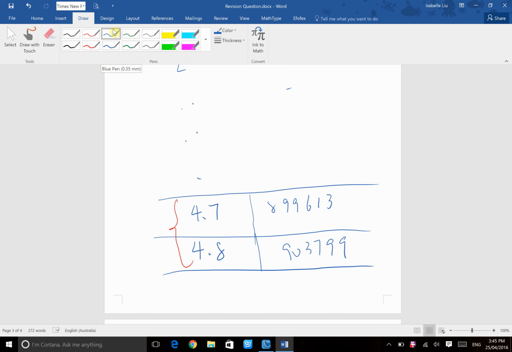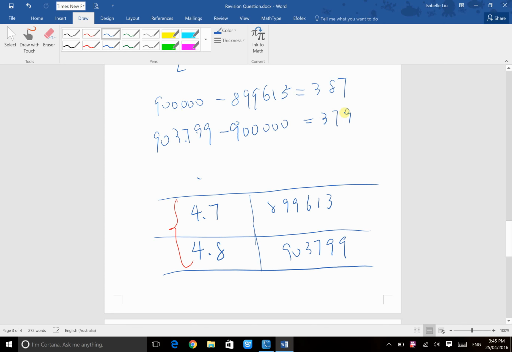I need to compare which one is closer to 900,000. So I will use 900,000 minus 899613. That equals $387. And I'll make 903799 minus 900,000. That equals 3799. That is $3,799 away from 900,000.